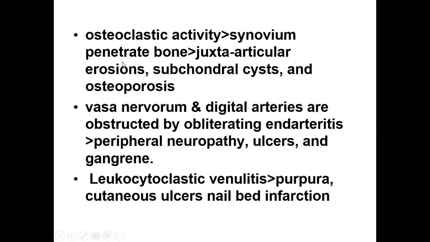There is penetration of the bone and articular erosions, subchondral cyst, and osteoporosis. Then vasa nervosum and digital arteries are obstructed by obliterating endarteritis, which may lead to peripheral neuropathy, ulcers, and gangrene formation.